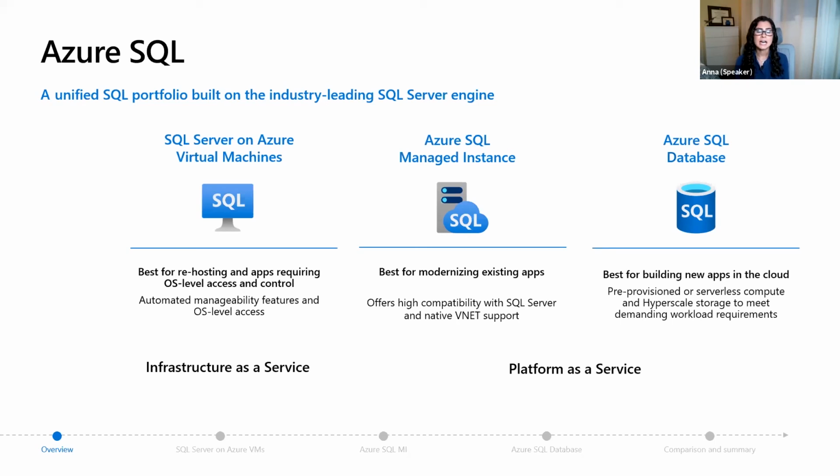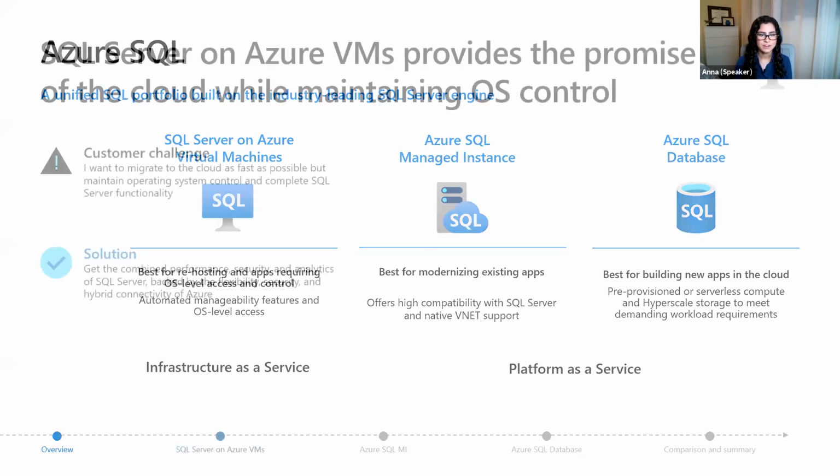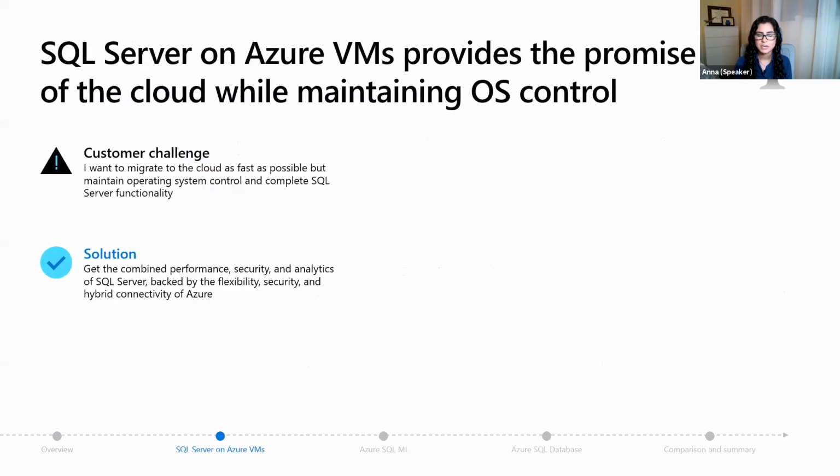I just need a SQL database, and I want to take advantage of some of the latest innovations like Hyperscale, like Serverless. So those are kind of the main options we're going to talk about today, and then we'll dive into some specific options available for the platform as a service side. All right, so the first one we're going to cover is SQL Server on an Azure virtual machine.